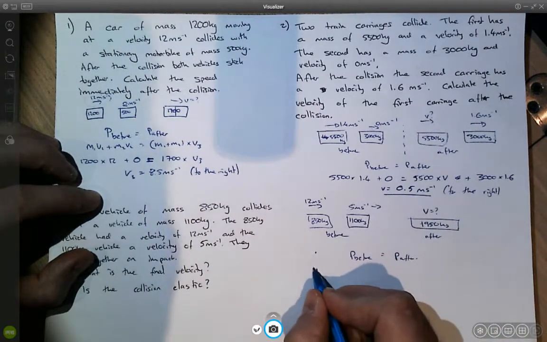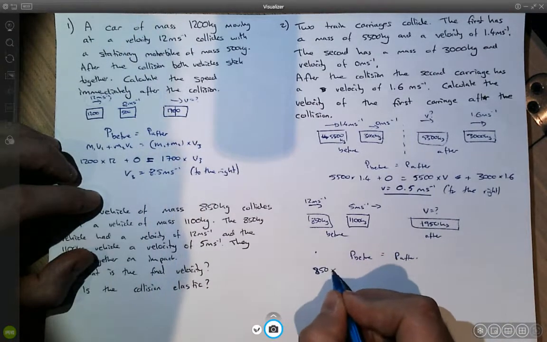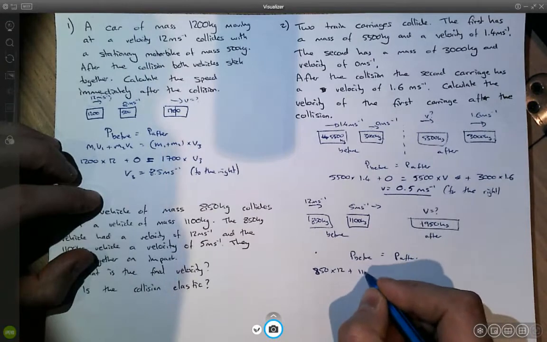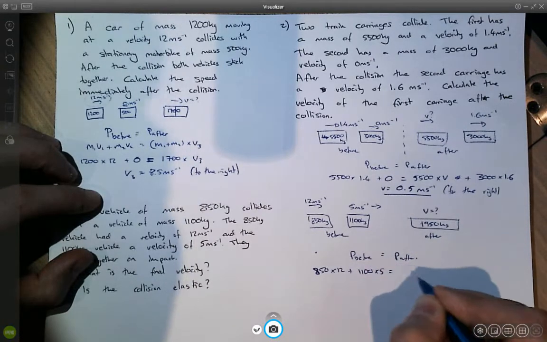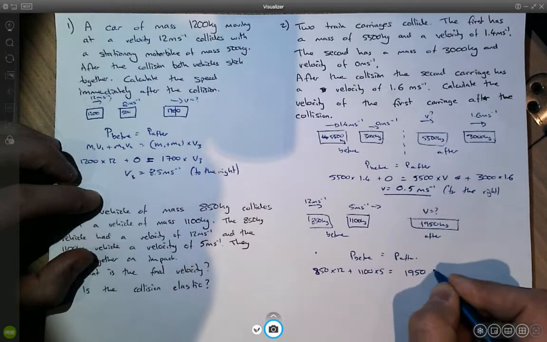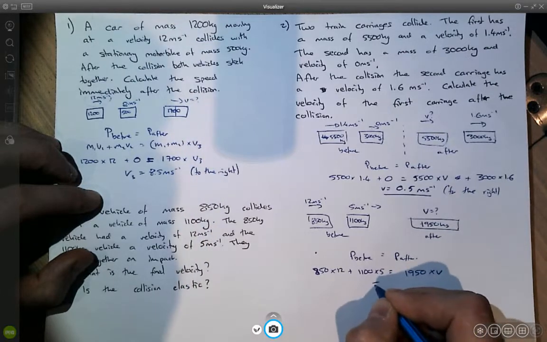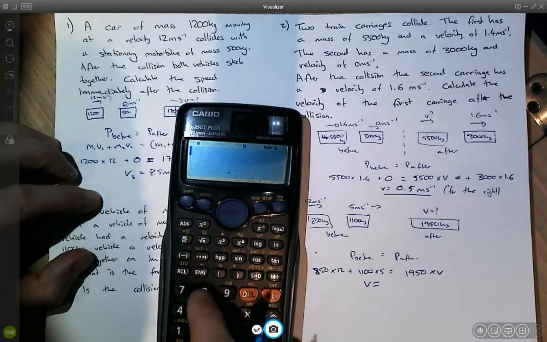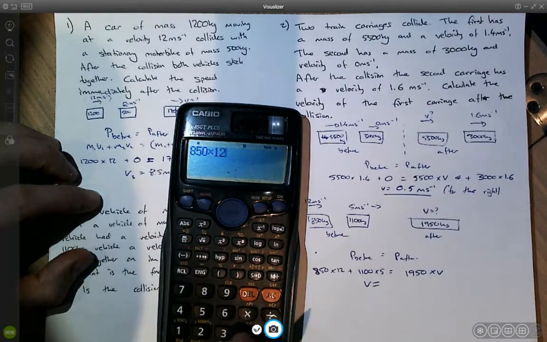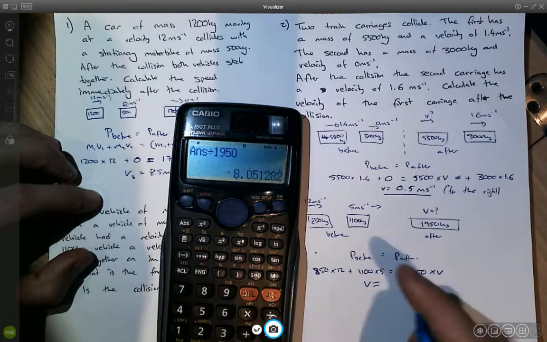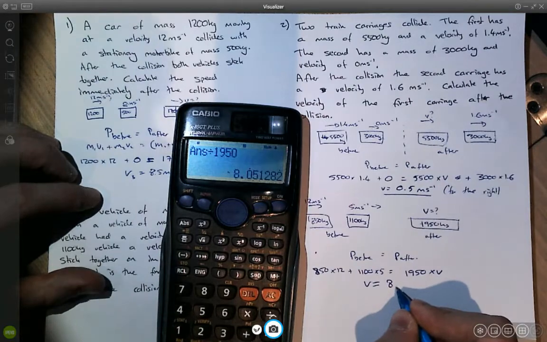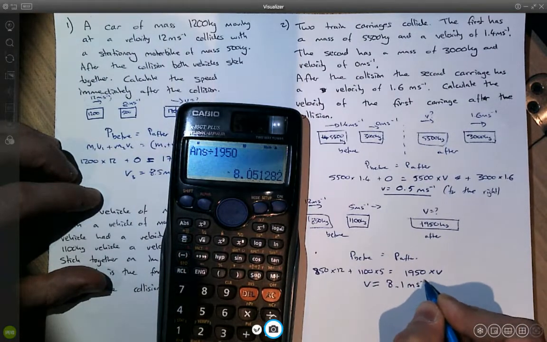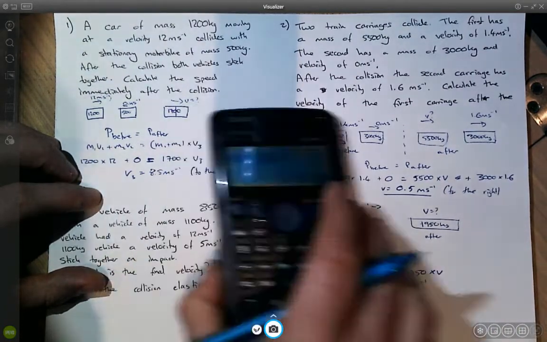So 850 times 12 plus 1100 times 5 is going to be equal to the final mass times v, which means that the velocity is 8.1 meters per second, and again to the right because it's positive.